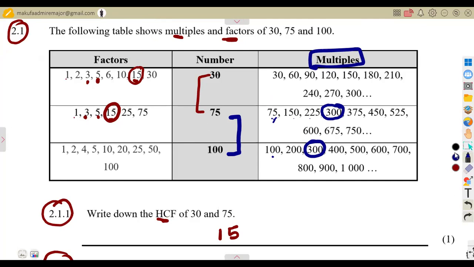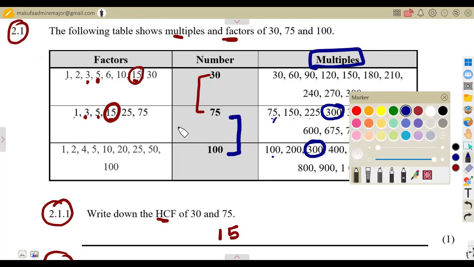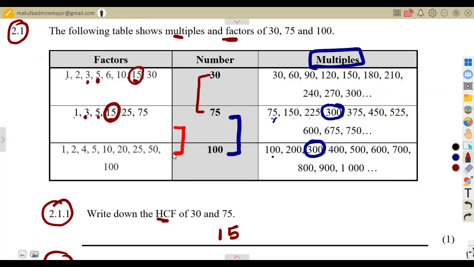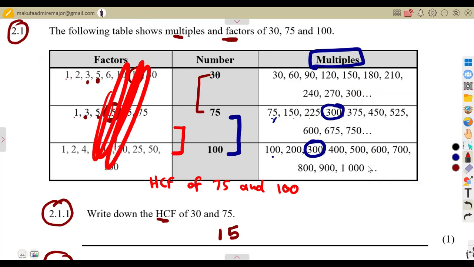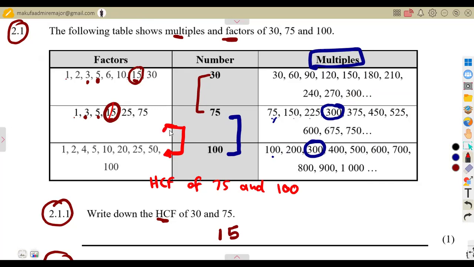Meaning to say, if we wanted to find the highest common factor of 75 and 100, you consider where the factors are, and the biggest value common, the highest common. We cannot take a 1, we cannot take a 5, so we move on.